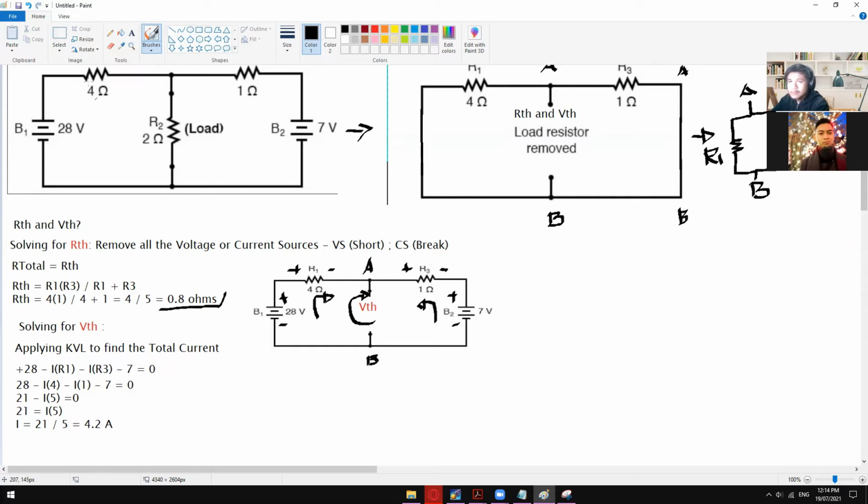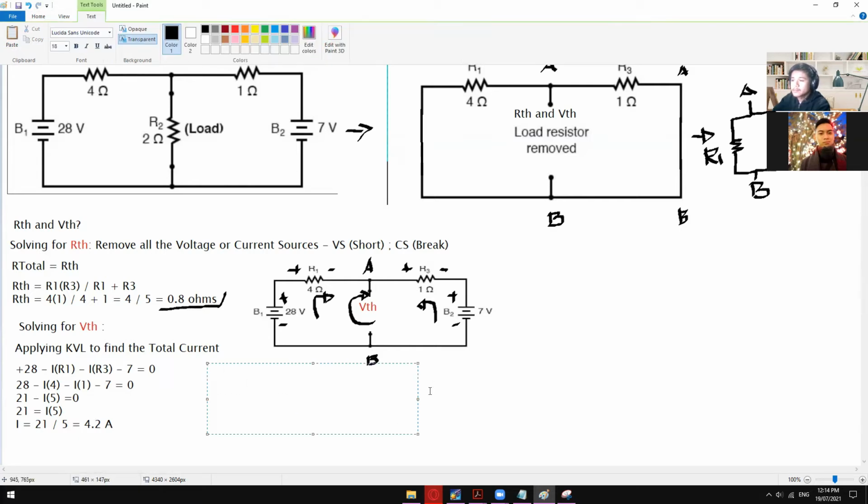So for us to be able to find the potential voltage of B1, PB1 na lang. Okay.